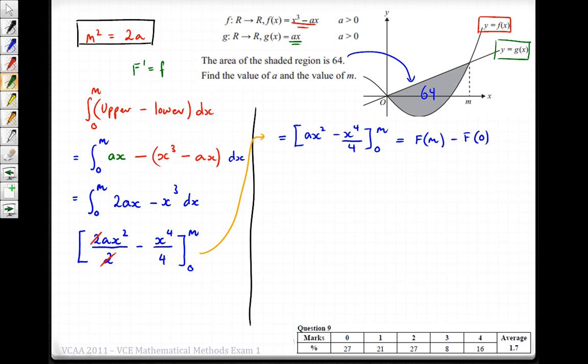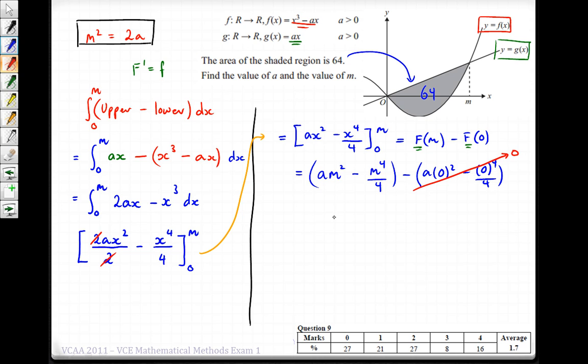So F is the antiderivative of that function. So this just turns out to be am squared minus m to the power 4 on 4, minus, well, that's just going to be a times 0 squared minus 0 to the 4 divided by 4. So that entire thing is just big fat 0.